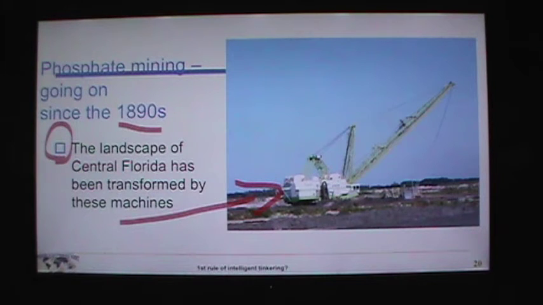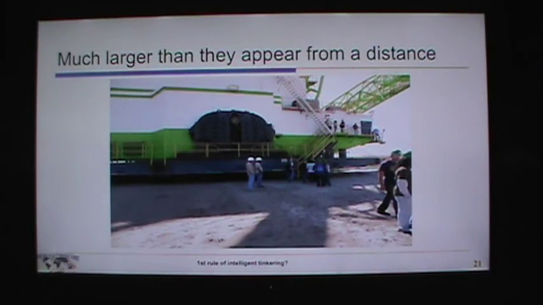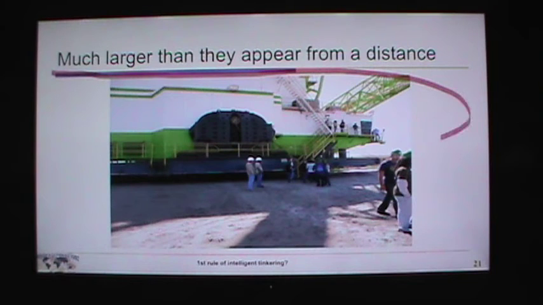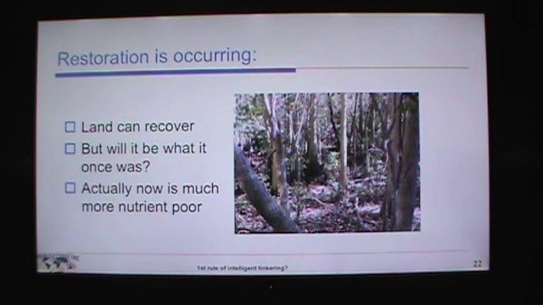That machine looks like just a regular old dragline, like the size of a track hoe. But you get closer to it and you realize it's really, really big. They are much larger than they appear from a distance, and they move tremendous amounts of material to get to the phosphate.